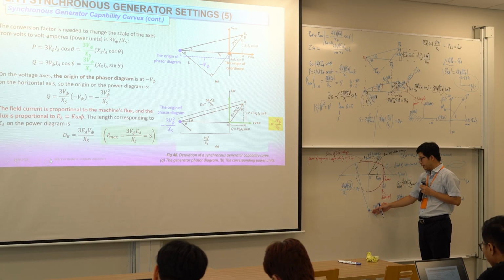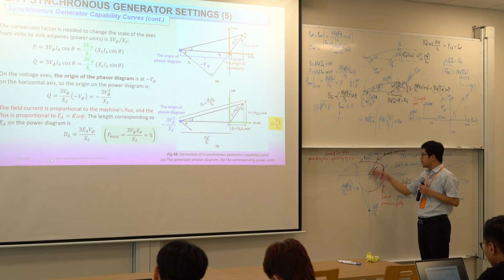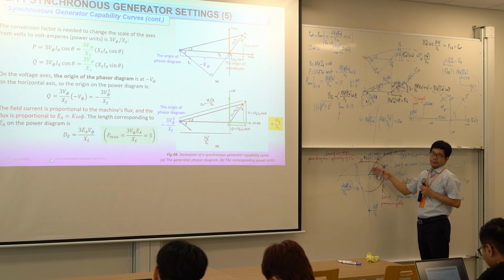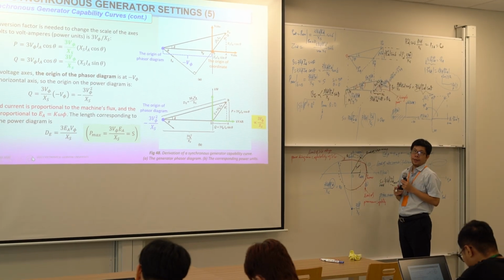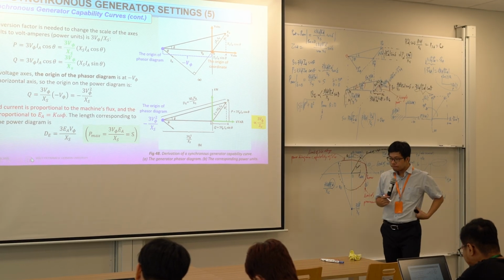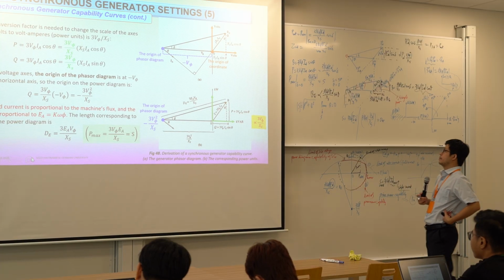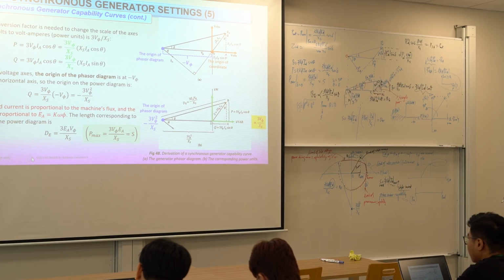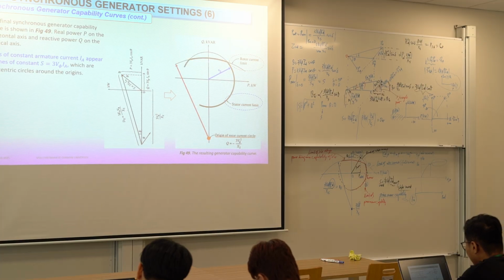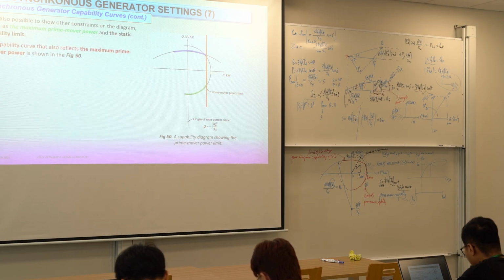That means this void is located on the Q axis. Of course, this is minus, because here is the negative of the Q axis.